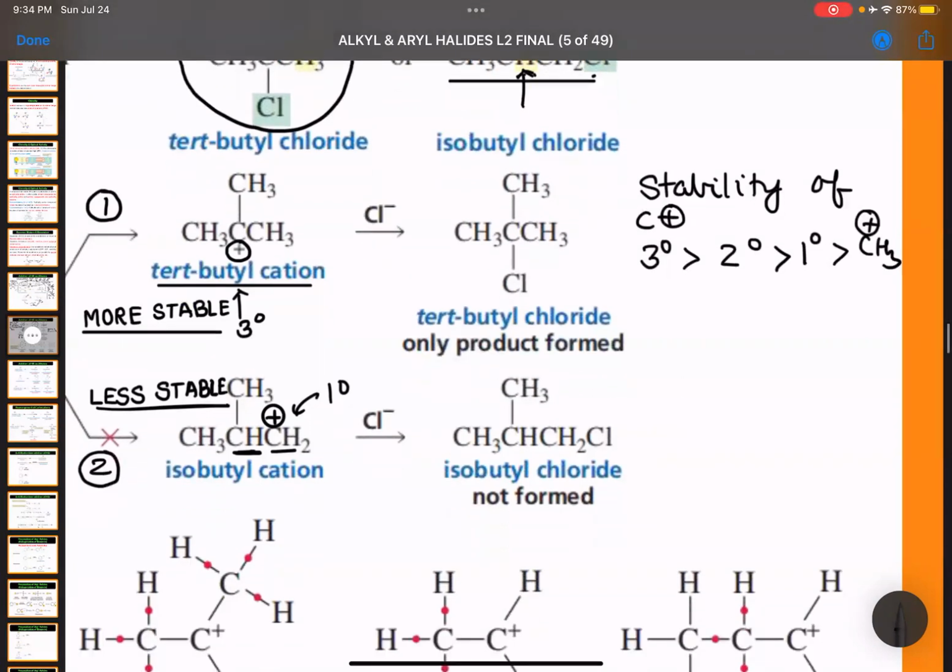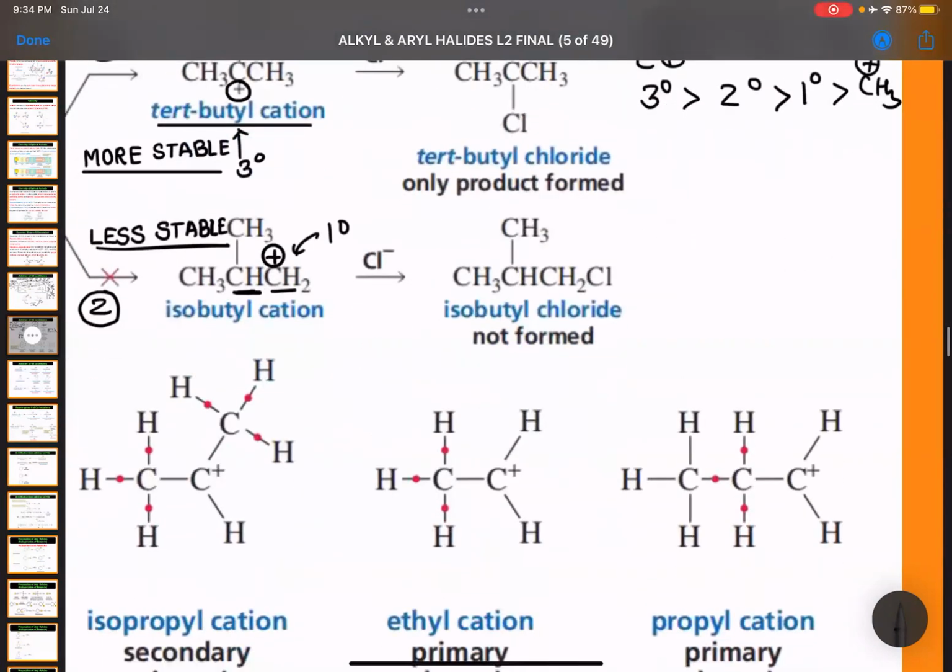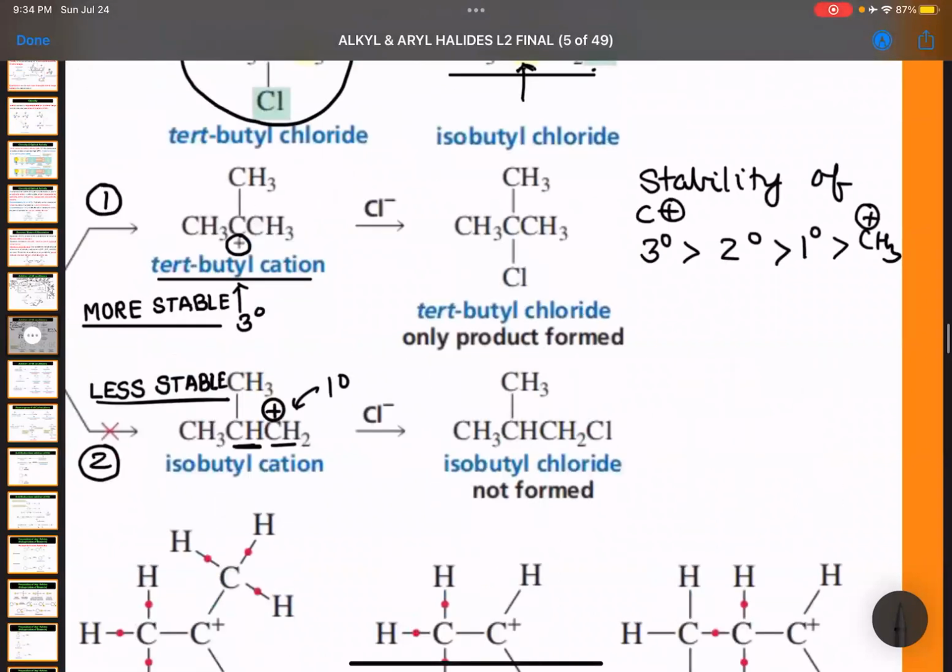What do you mean by tertiary carbocation? What do you mean by secondary carbocation? You need to look at the carbon atom where the plus charge is, and then decide whether the carbon atom bearing the plus charge is connected to one carbon. If it is connected to one carbon, that is a primary carbocation. If it is connected to 2 carbon atoms, that is a secondary carbocation. If it is connected to 3 carbon atoms, that is a tertiary carbocation.